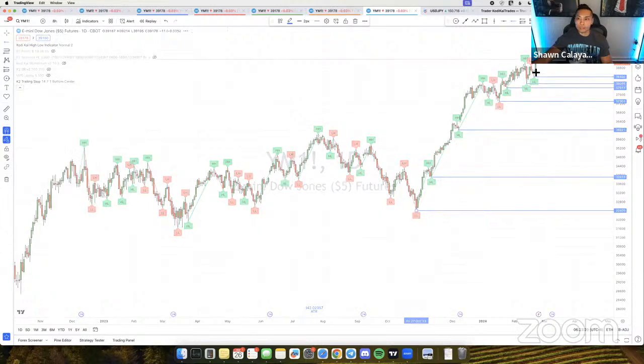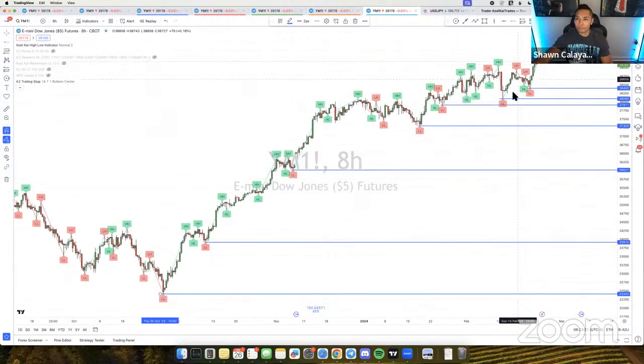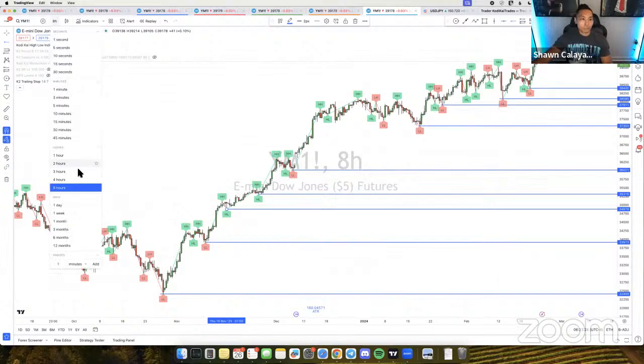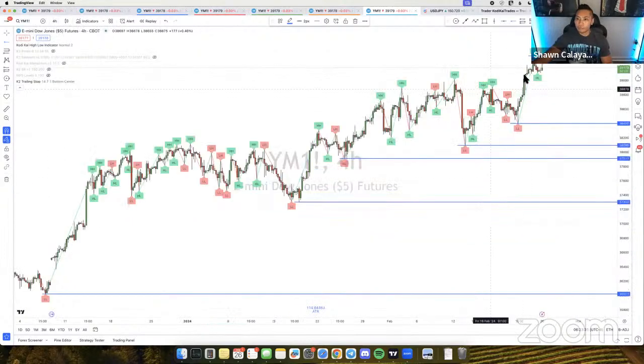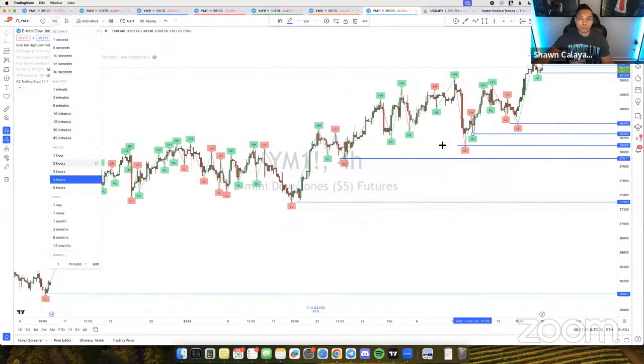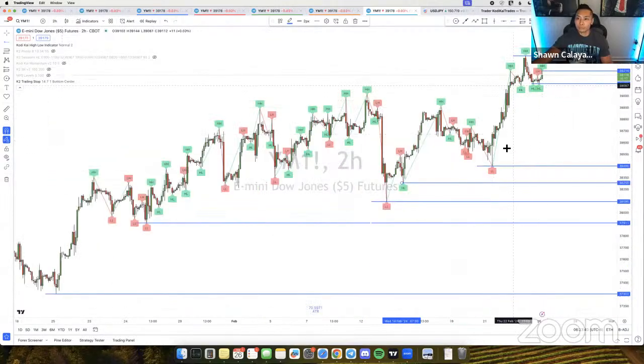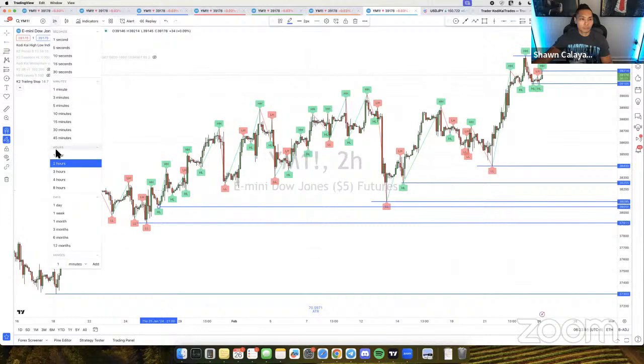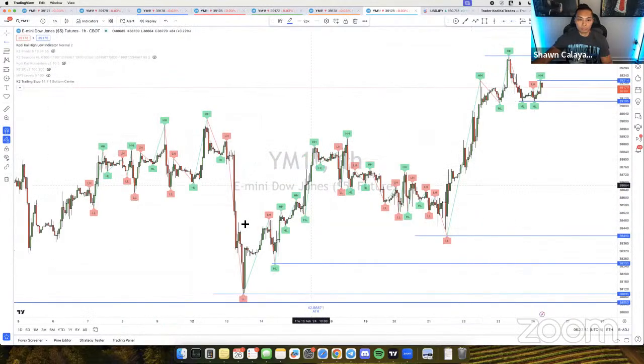Going down to the 8-hour. Going down to the 4-hour. Down to the 2-hour. Down to the 1-hour.